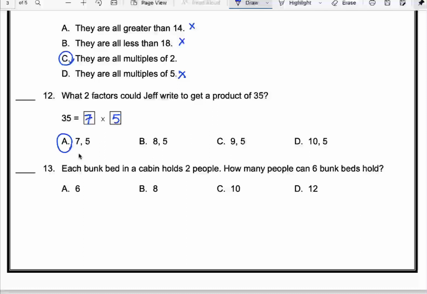Each bunk bed cabin holds 2 people. How many people can 6 bunk beds hold? So the 2 is the size, and the 6 here is the number of groups.